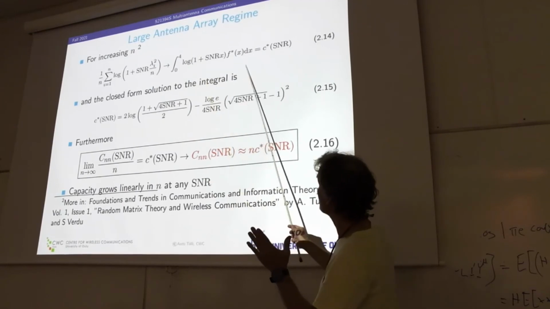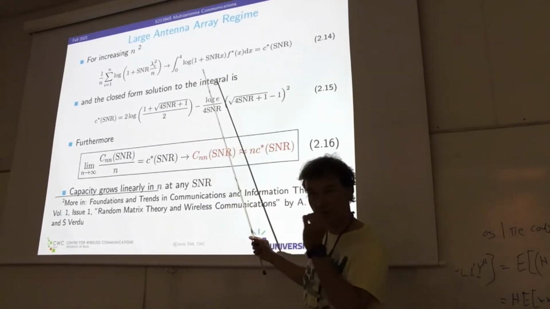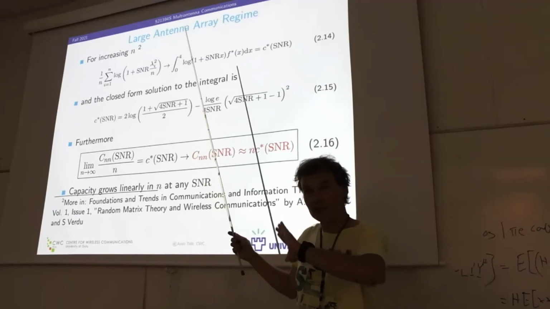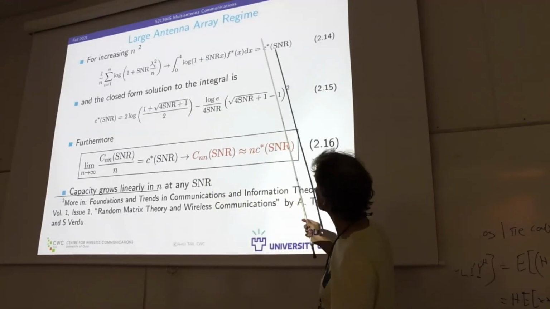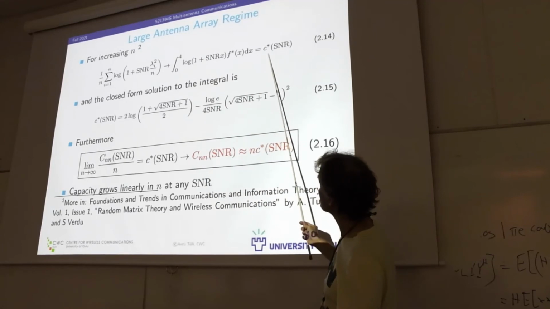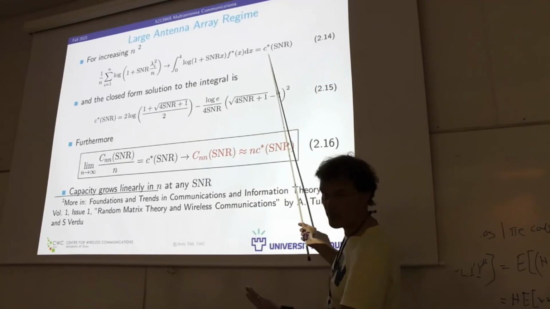This is the definition of expectation for a continuous variable with known distribution, and it gives you the normalized capacity per dimension.